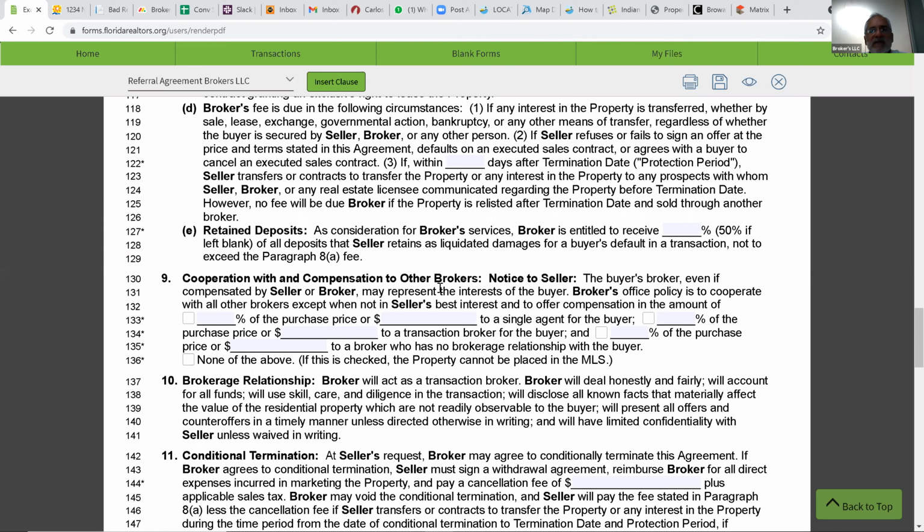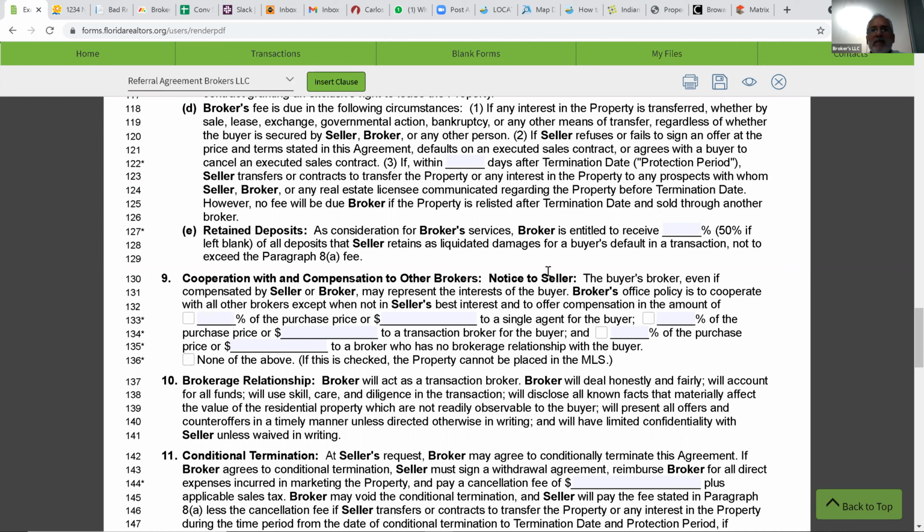That means that if the seller loses the property to the bank because they didn't pay their mortgage and they foreclose the property, somebody has to pay this 6% to me. Okay, the 6% to me will be paid by the bank that is taking the title in their name. Otherwise, they cannot take the title, or I can put a lien on the property because I need to get that 6% paid to me.